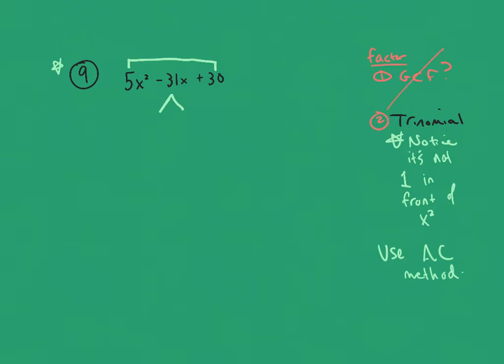If we multiply these, 5 and positive 30, then we get positive 150. And we want to go through the factors of 150. So 1 and 150, 2 and 75, 3 and 50. 4 doesn't go in, 5 and 30.